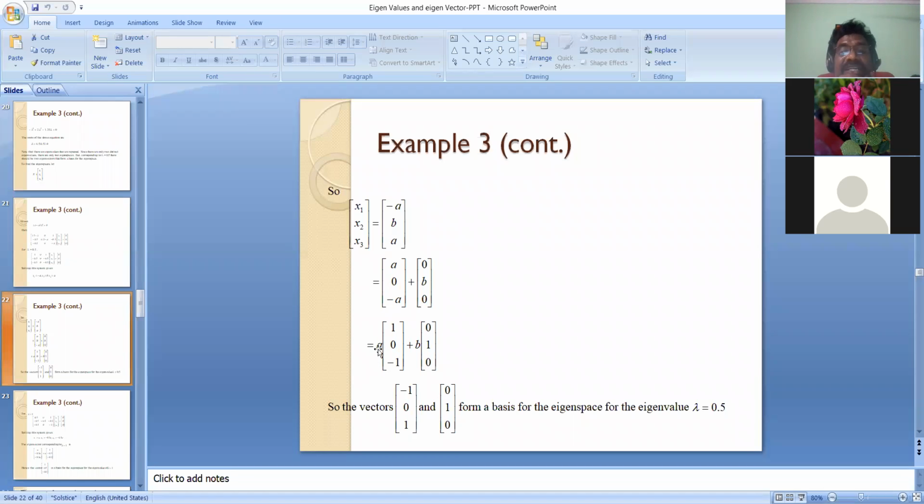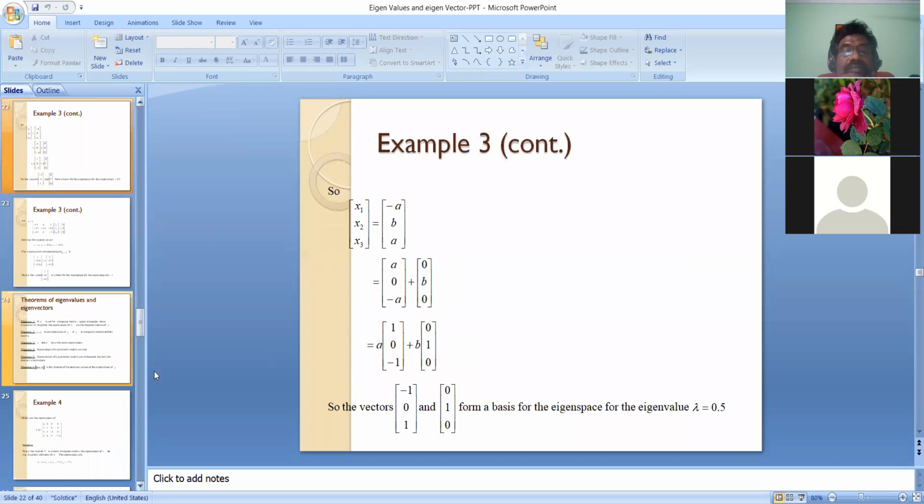Taking A as a common factor from the first vector, A into (minus 1, 0, 1) plus B into (0, 1, 0). So (minus 1, 0, 1) and (0, 1, 0) are the eigenvectors corresponding to lambda equal to 0.5.